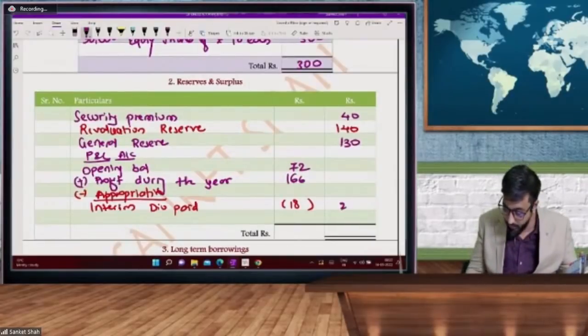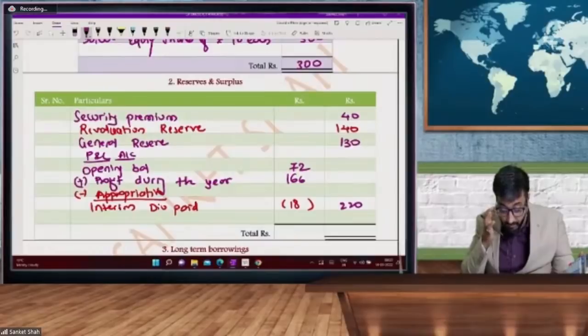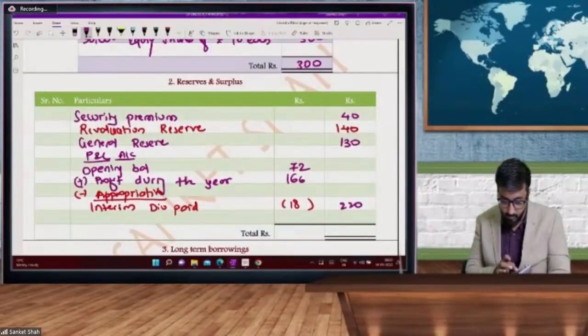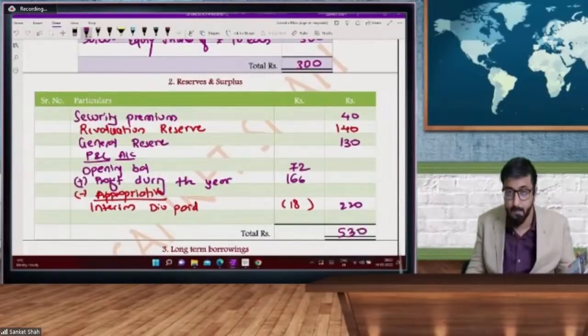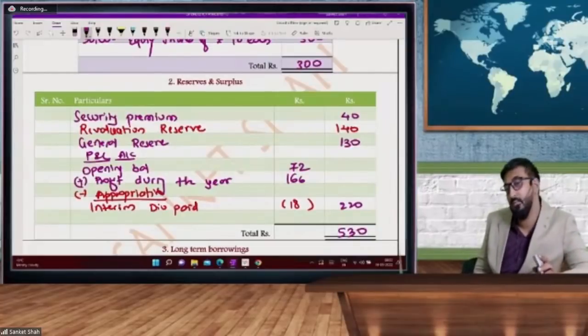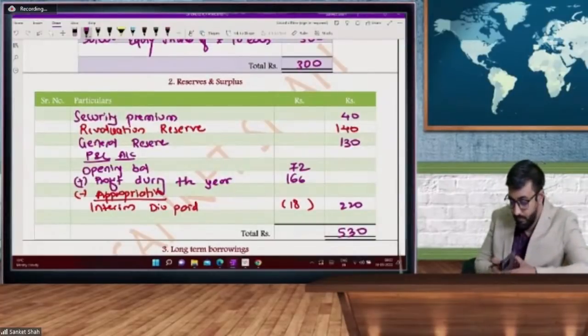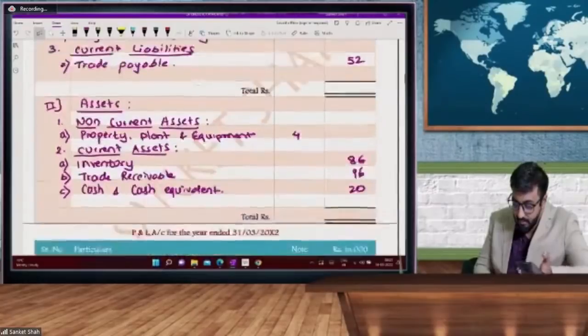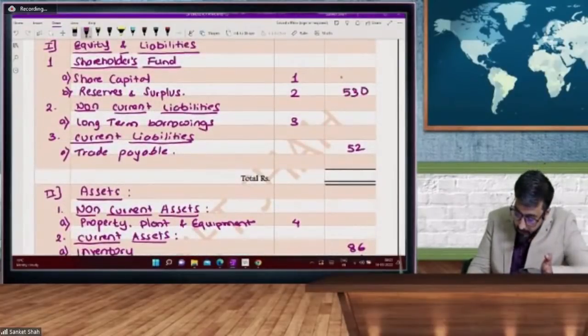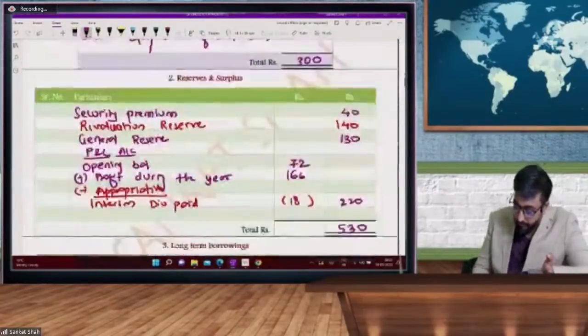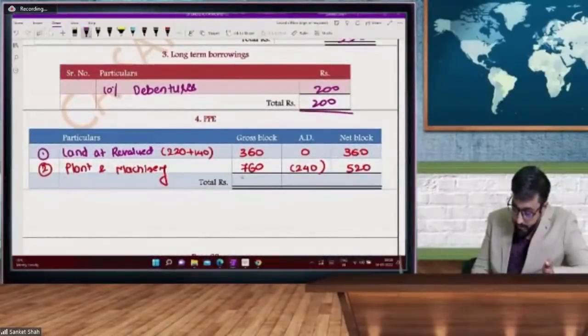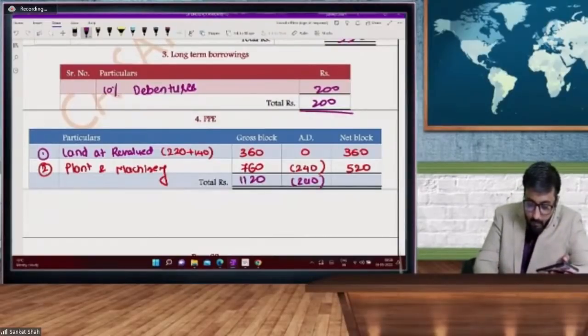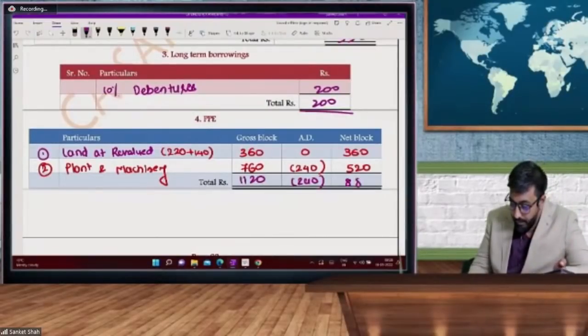220 in the outer column. That pending part we have finished. So this total is 530. Reserves and surplus 530. P&L over, 166, 530. 300 is share capital, 200. 1120 minus 240, 880.